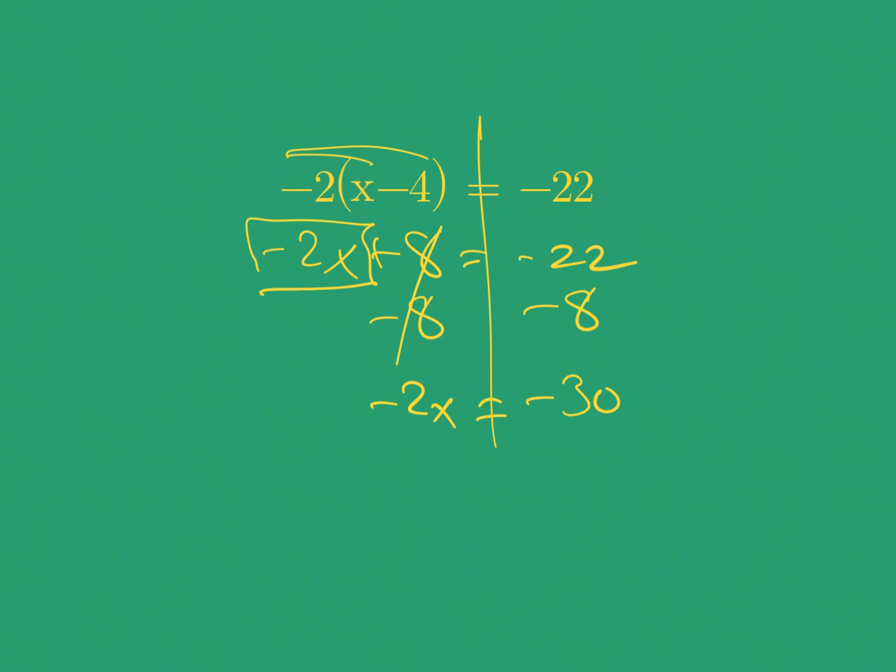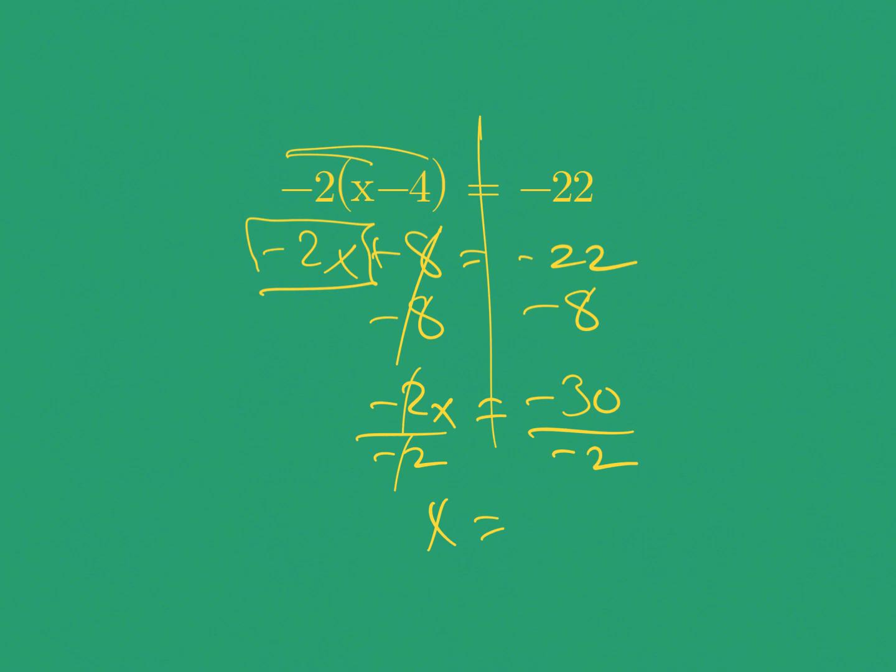Last step to solve. Divide by what? Divide both sides by negative 2. Negative 2 divided by negative 2, gone. Positive 1x. A negative divided by a negative is a positive.